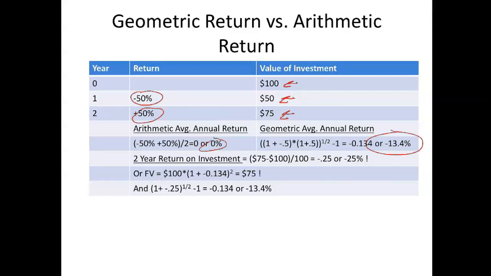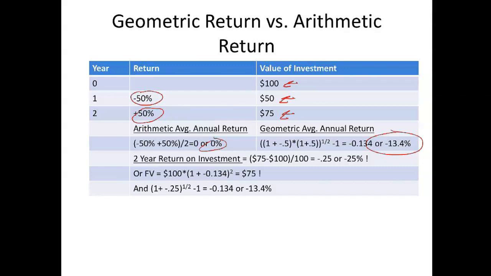So there's quite a bit of difference between the arithmetic return and the geometric return. So we can see here that the arithmetic average annual return captures the average performance of what we're investing in, whereas the geometric average return measures the average annual return on our investment.